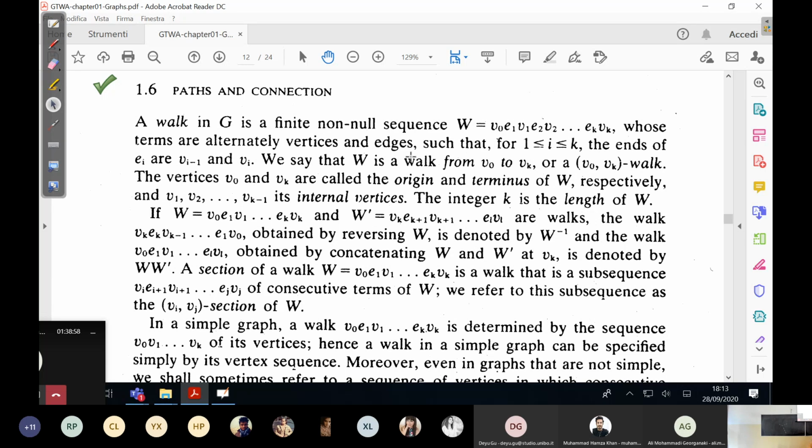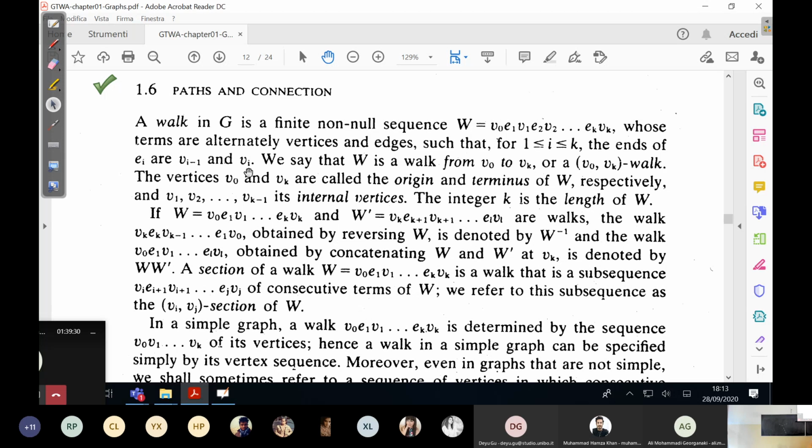If I say just that, I could set a vertex here, an edge there. No, what we want for such a sequence to be a walk is very easy to say, but we must say it such that for each i between 1 and k, the ends of edge Ei are exactly Vi-1 and Vi.